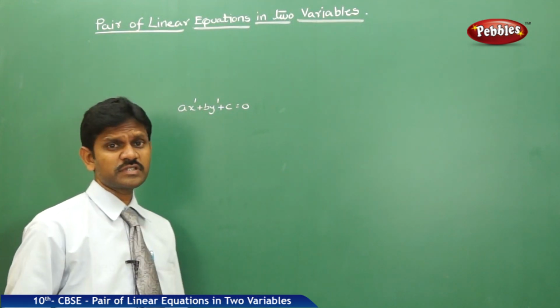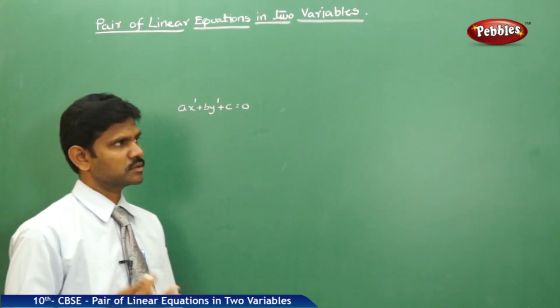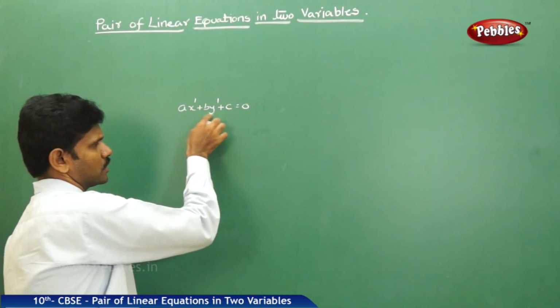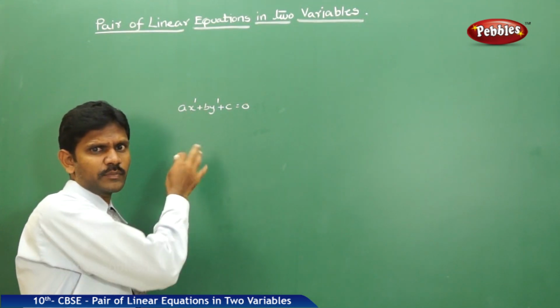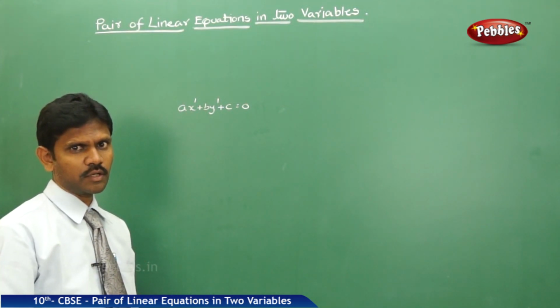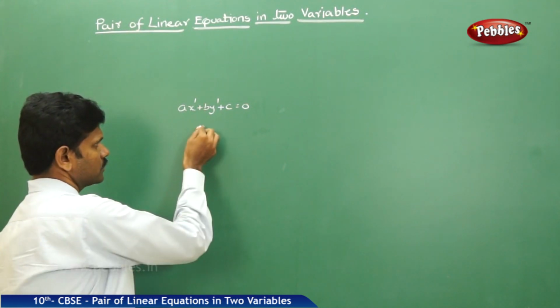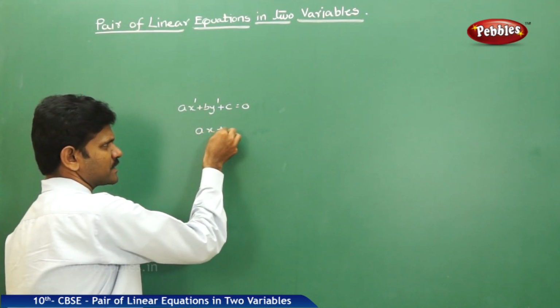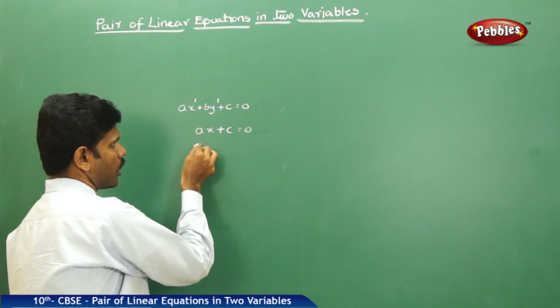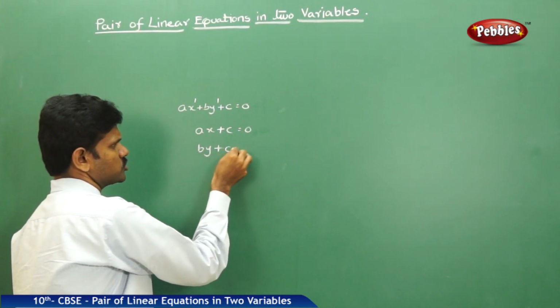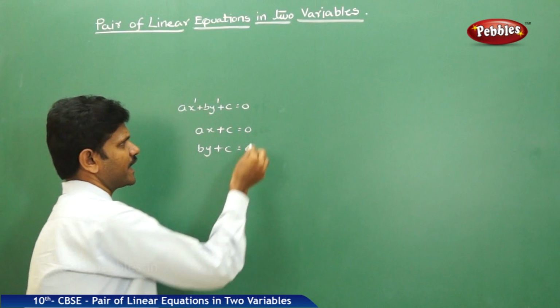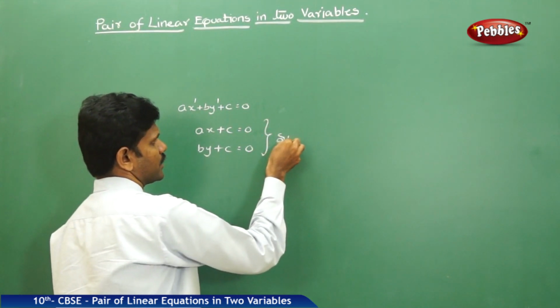Suppose a linear equation with one variable is called what? For example, in this linear equation, how many variables are there? Two variables. Now let us suppose it is only one variable, that is either ax plus c is equal to 0 or by plus c is equal to 0, which is called a simple equation.